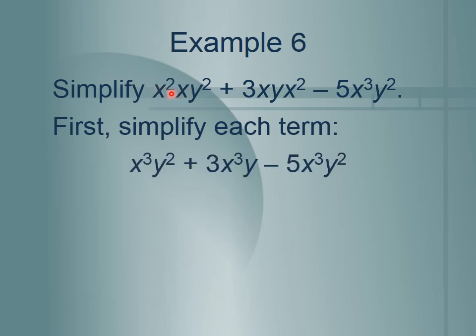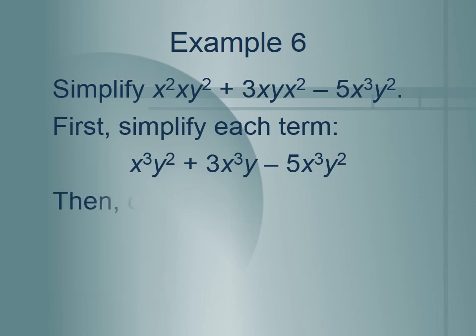That's going to be simplified to x cubed. So now I've got x cubed y squared. And then in the second term, this x and this x squared can be simplified. So I'll have 3x cubed y. And then in my last term, nothing can be simplified. So it's just going to go ahead and be there, minus 5x cubed y squared.